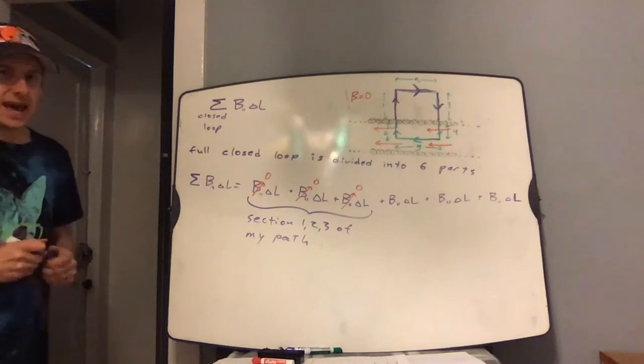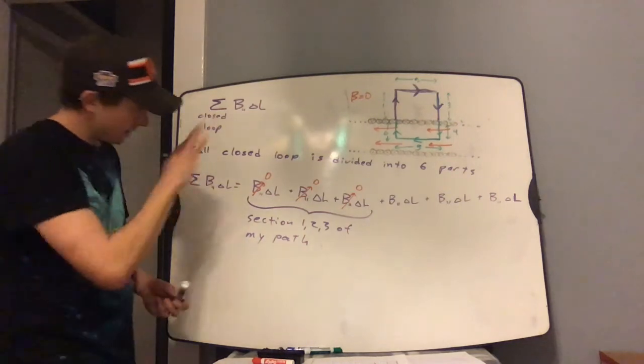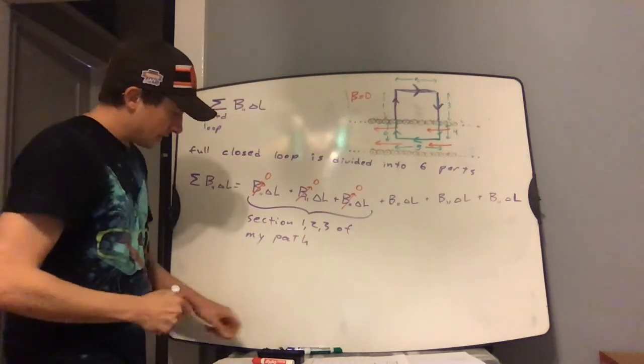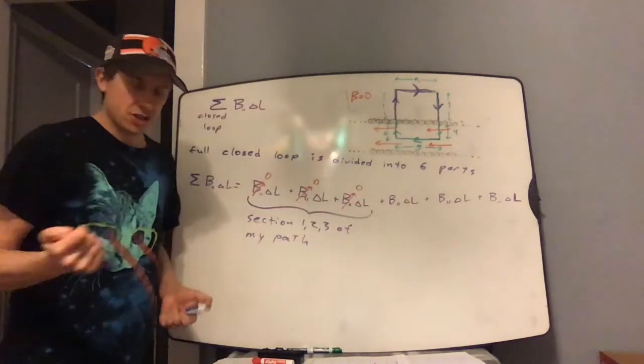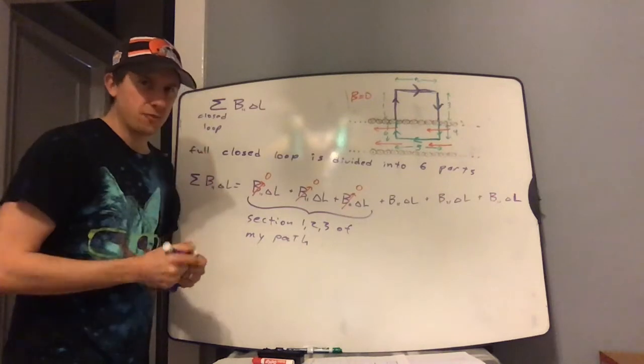If I look at my other parts of my path, I have B parallel times my step for section 4.